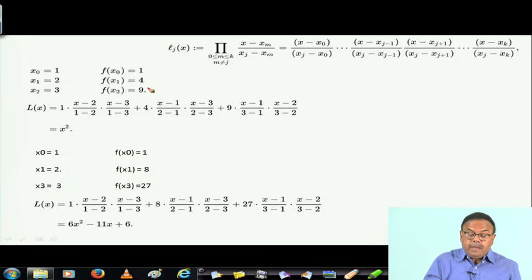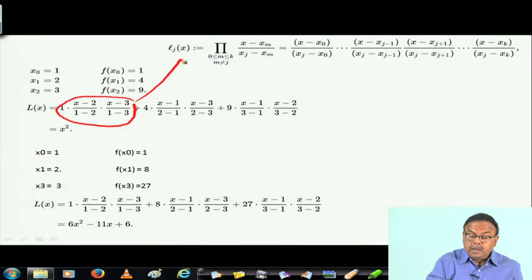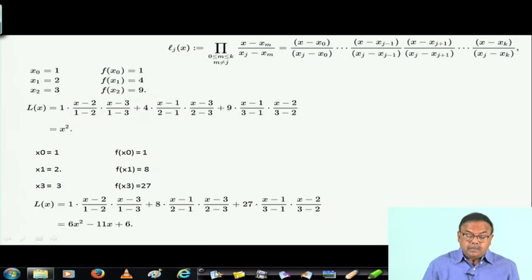So, my polynomial is capital L x. Now, each term of this is one small l x. So, this is L 1 x, this is L 2 x, this is L 3 x, like that. Okay. So, you see the value of x is 1 times x minus x m.